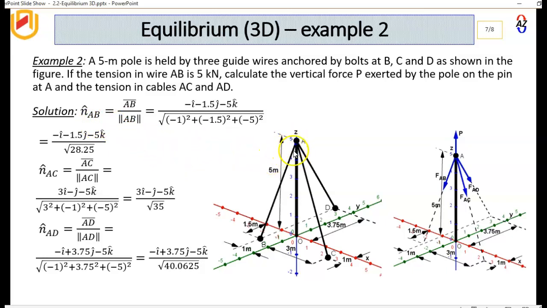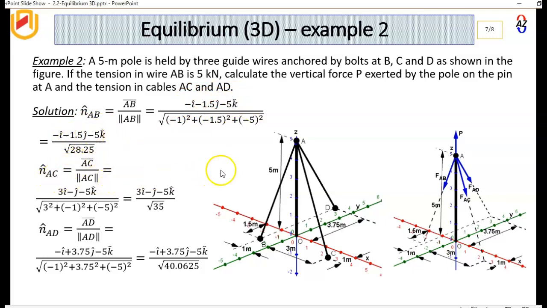If you look at AB from A to B, in the X, we're going to be moving backward by 1 meter, so we're going to say minus i. And in the Y, we're going to be moving backwards by 1.5 meters, minus 1.5 j, and in the Z, it's minus 5k, divided by the square root of the Pythagoras of these 3 numbers. Okay, then we get this.